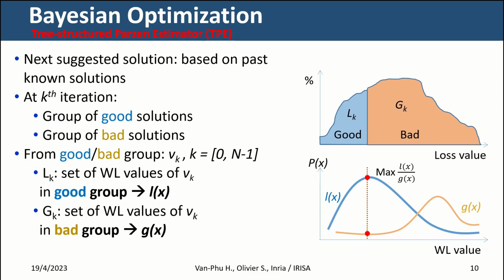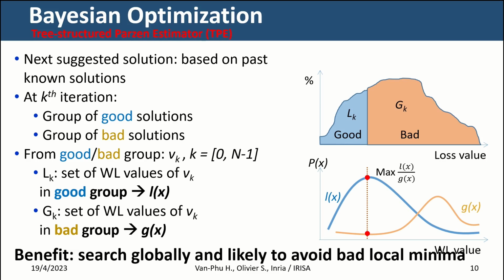Then it selects the next solution by maximizing the ratio Lx over Gx, which means the selected point has a low probability of being a bad solution and a high probability of being a good solution. The benefit of TPE is that it searches globally and is likely to avoid bad local minima.